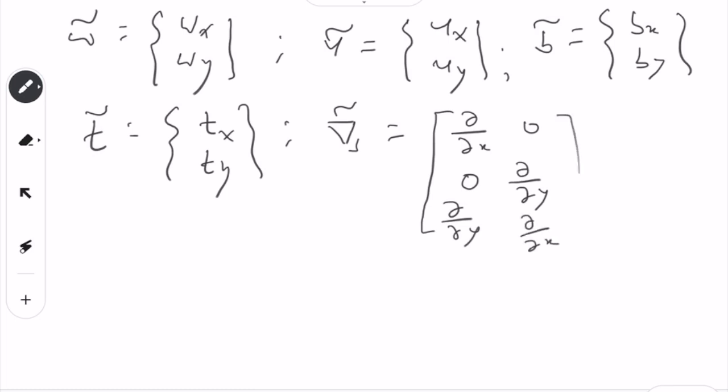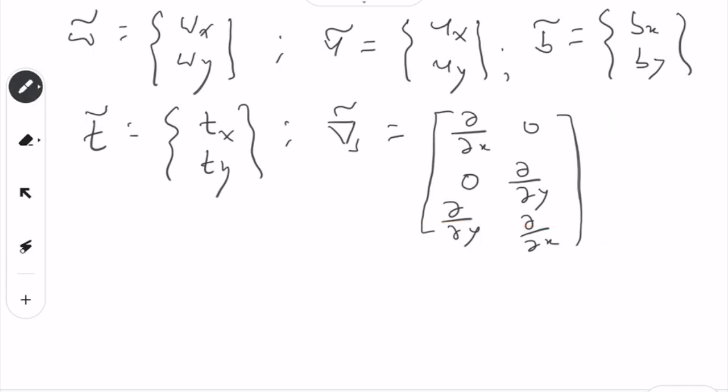So if we have u here, for example ux and uy, then this multiplied by ux will give us epsilon xx, this multiplied by uy will give us epsilon yy, and this will give epsilon xy. So this is how.